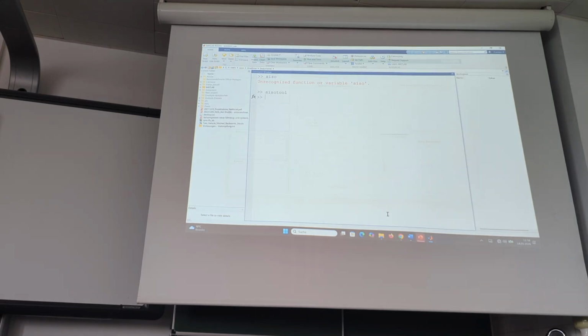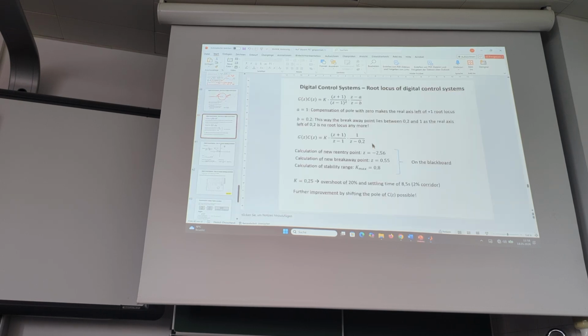So Ts is equal to square root of 2, so 1.41, and then our transfer function G is equal to tf, and here we had z plus 1 over z minus 1 squared.